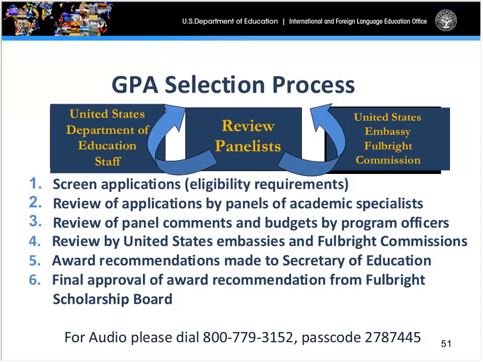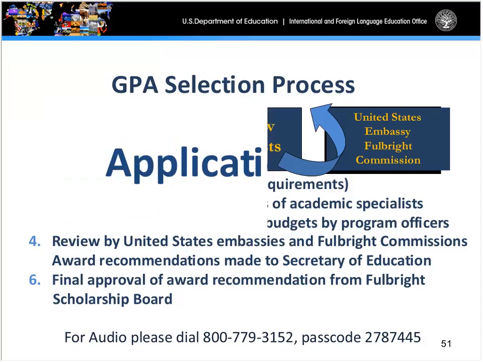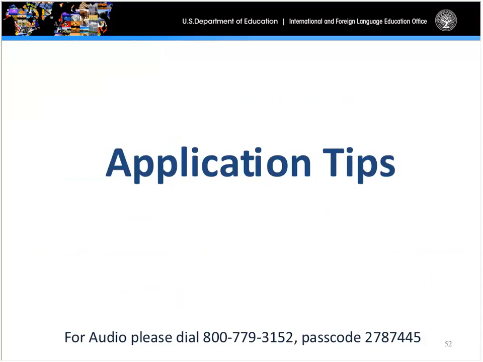Then the recommendations from that will be sent to our Secretary of Education, who will review the list, and then we'll send the final approvals and the award recommendations to the Fulbright Foreign Scholarship Board. All of that happens no later than September 30th of 2016.